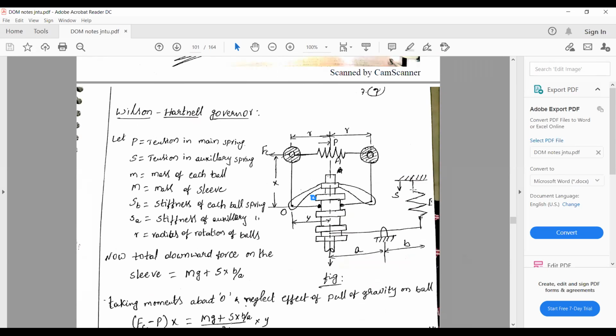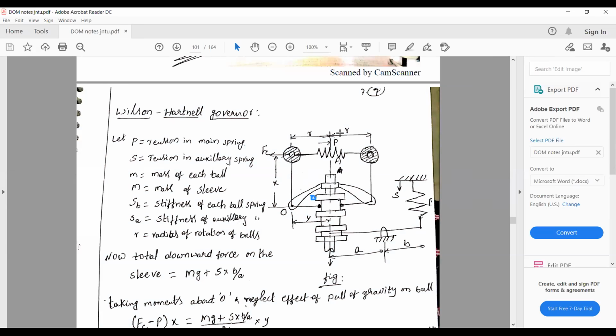In this, the mainspring has a tension of P. Just observe that this is the auxiliary spring. SB represents the stiffness of each ball spring, and SA is the stiffness of the auxiliary spring.